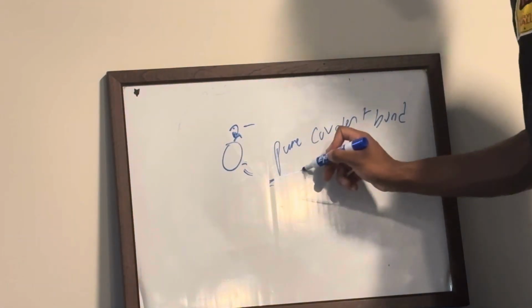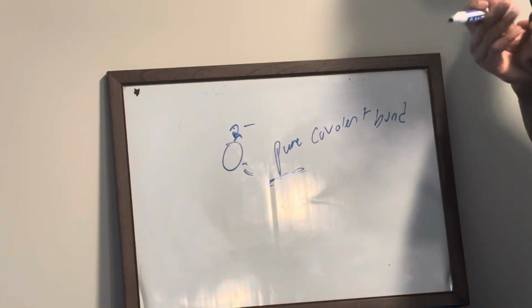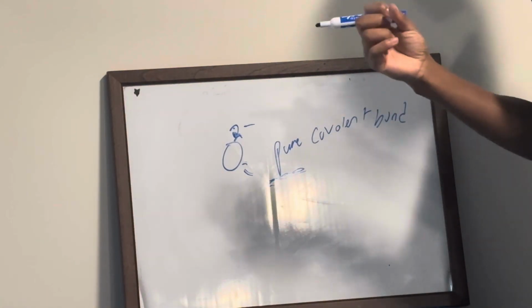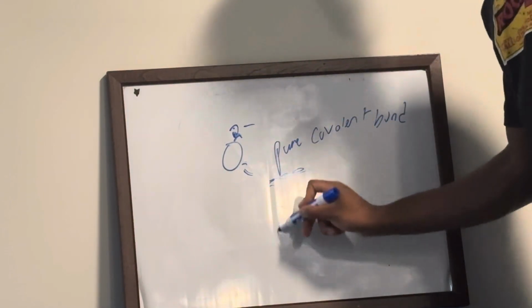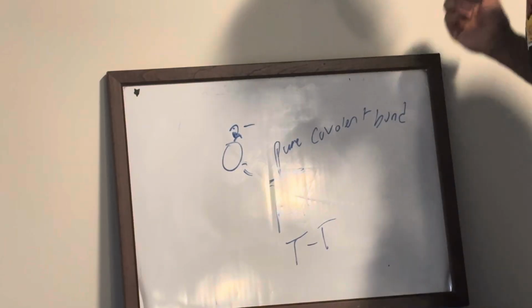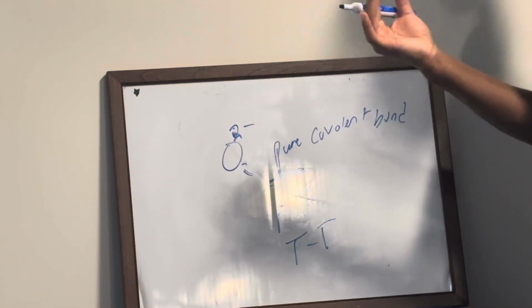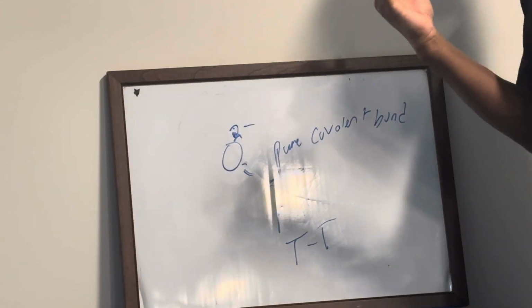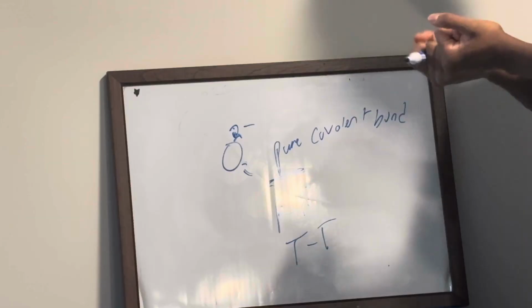Basically, the pure just means they're the same element, and the bond is that they're equally sharing electrons because they're the same element. So, P to P, T to T, pure covalent bonds. They are purely sharing electrons, basically. That's how I like to think about it.